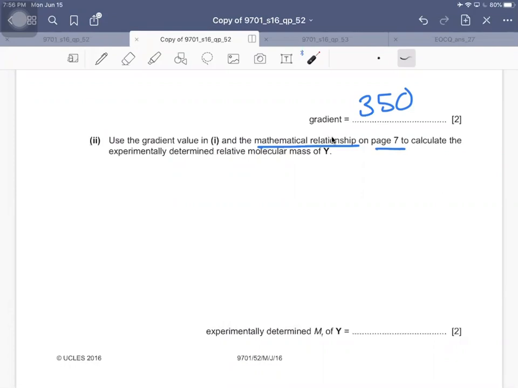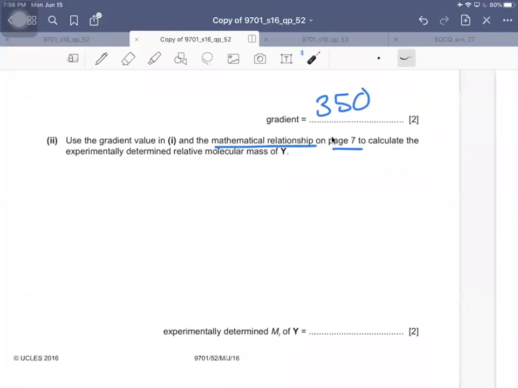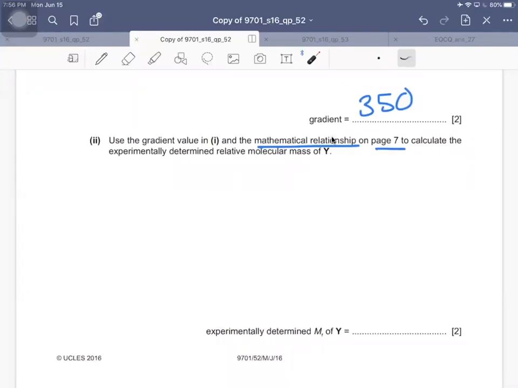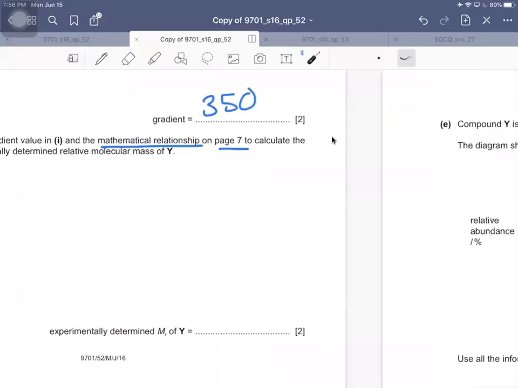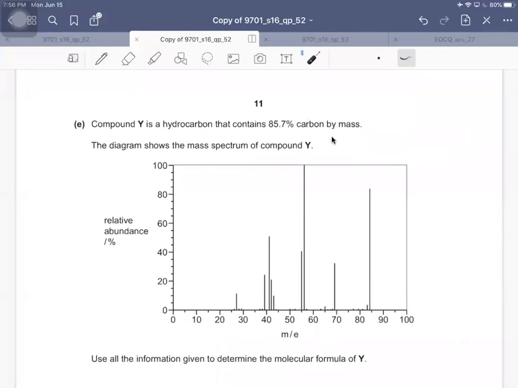Okay, so if you get an answer that ranges from 80 to 90, I'm guessing that is a good sign. But if you get an answer that is really off, like 0.00 something, then you should be worried. If your gradient is in the region of 350, then your MR should be around that window as well.